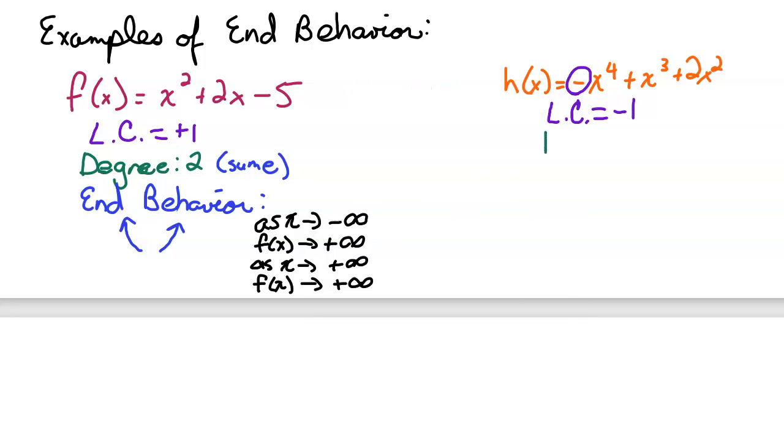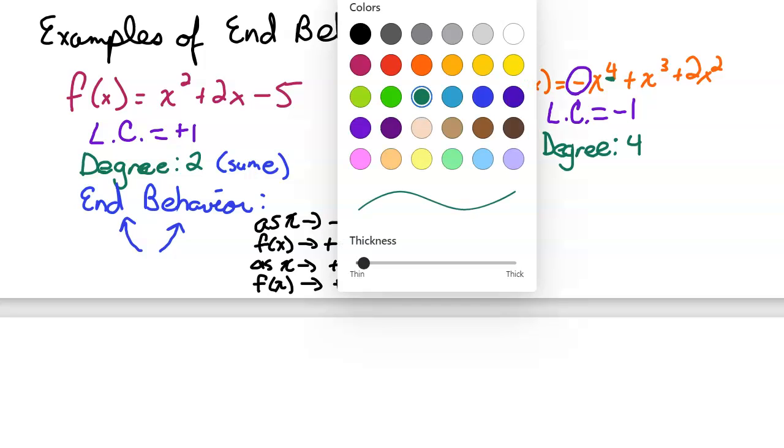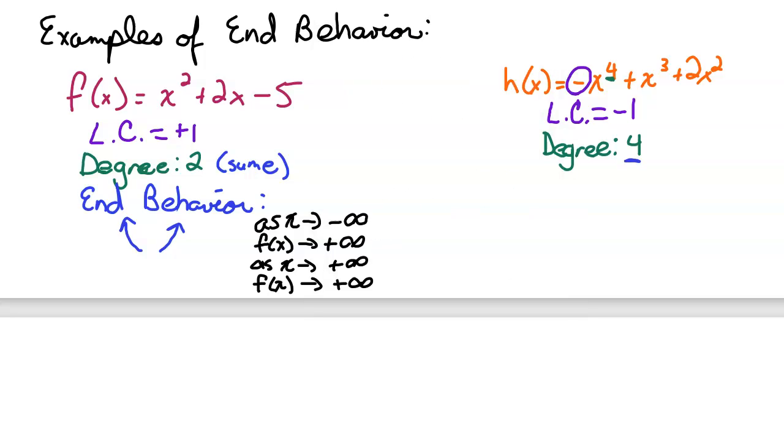Our degree in this case, largest exponent, is a 4. So since I have an even exponent, that tells me I'm going in the same direction for my end behavior. I have a negative leading coefficient that tells me I'm going down on the right side. I'm going the same direction, so I'm going down on the left side.